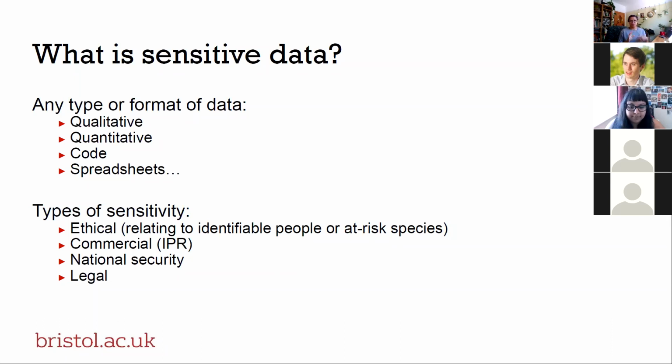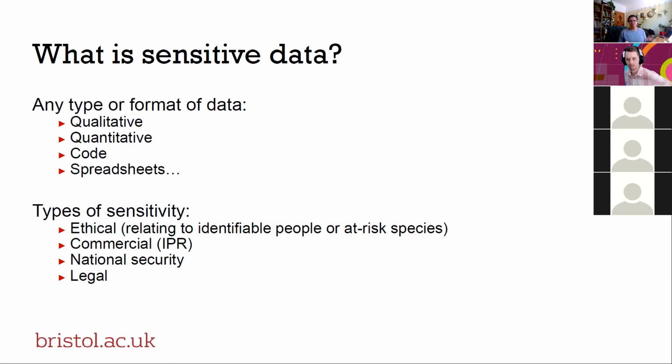The second thing is that there are different types of sensitivity. What this workshop is going to focus on is ethical sensitivity. So that's sensitivity relating to identifiable people or potentially at-risk species. If your work involves at-risk species and there's information that could identify the locations, say, of members of those species, then that could potentially be ethically sensitive. But for the most part, we're talking about personal data belonging to people when we talk about ethical sensitivity.